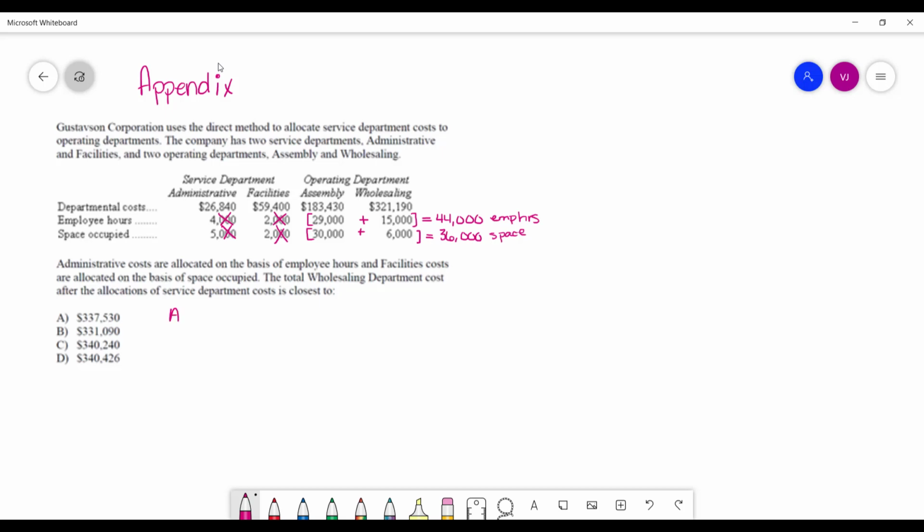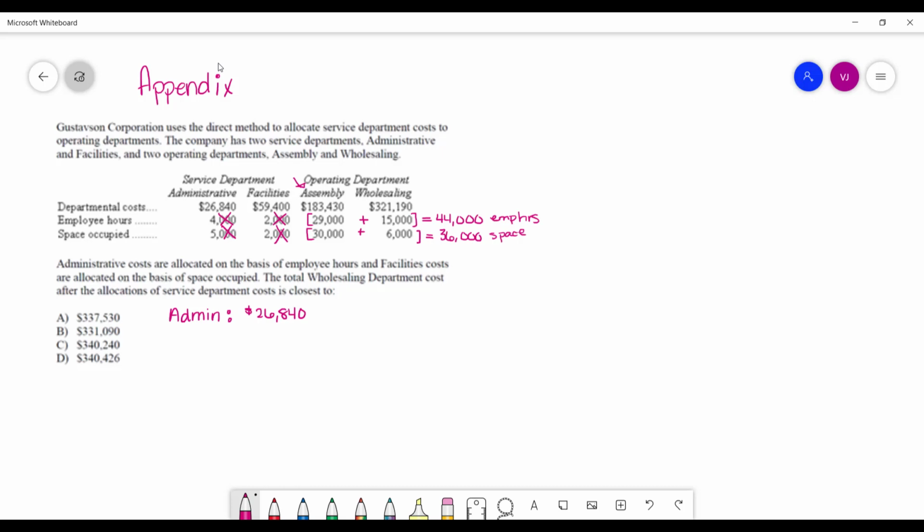First, let's allocate the administrative department's costs. The total costs that need to be allocated and distributed is $26,840. We want to figure out how much of that the assembly department needs to be responsible for.